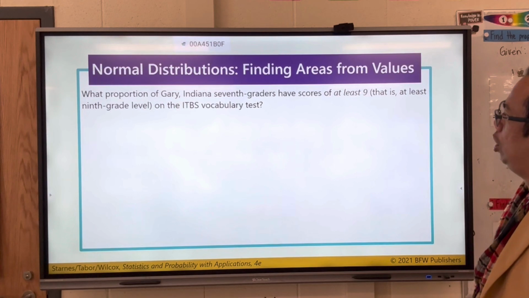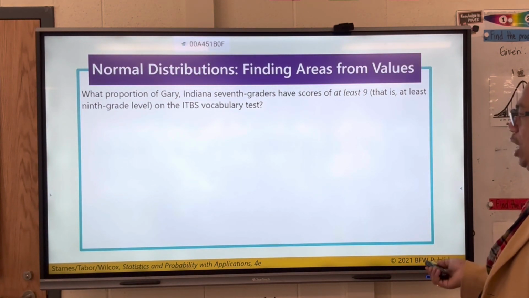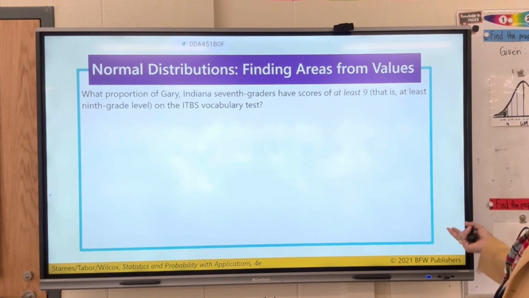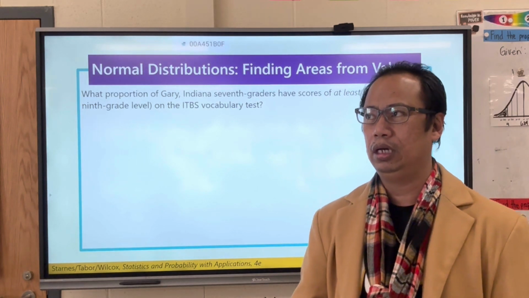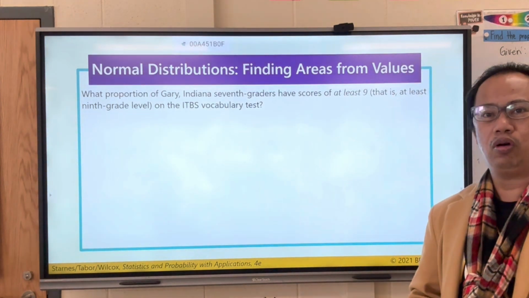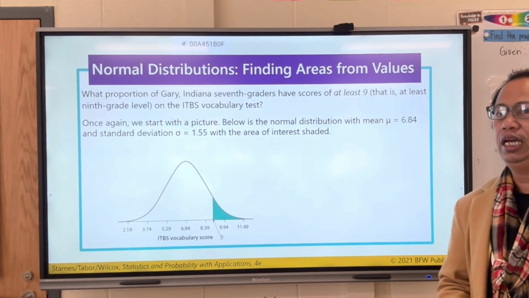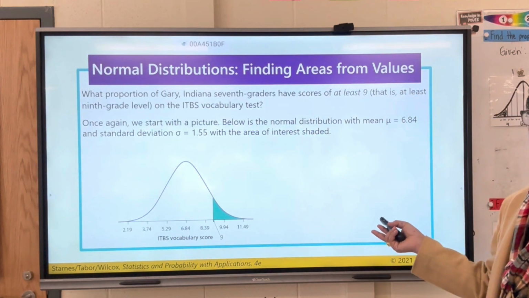So what proportion of Gary and Jana's 7th graders have scored at least 9? Okay, so as you can see, guys, we are now on at least 9. The word is at least 9, or 9 or more. So in this part, we can say that it is to the right. The diagram here now is to the right.